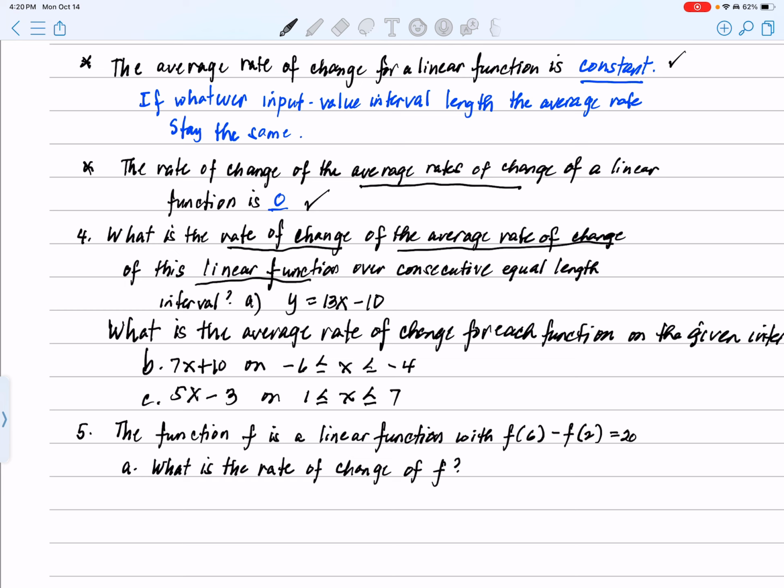That the rate of change of the average rate of change of a linear function is 0. That means the average rate of change of the rate of change of this linear function is 0. Okay? Right there from this statement.